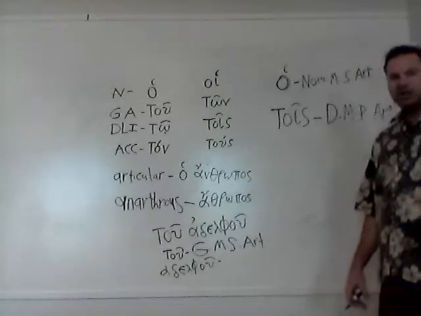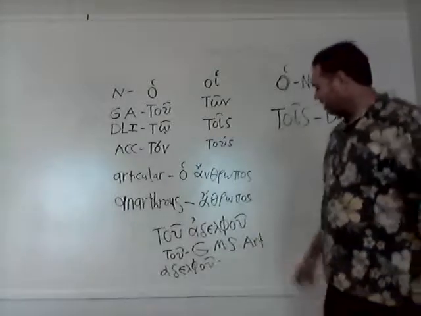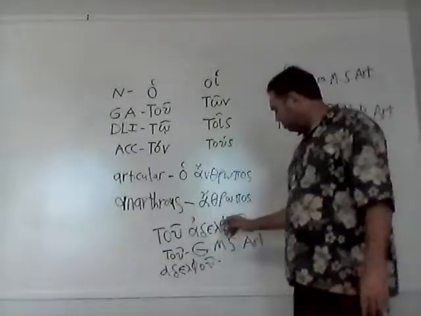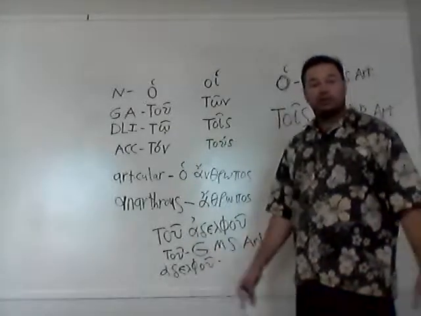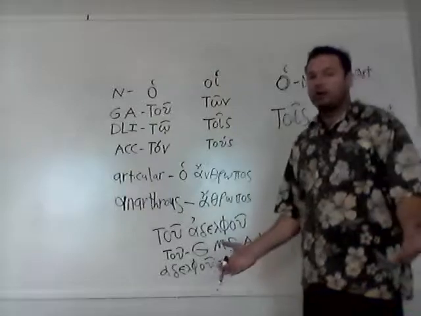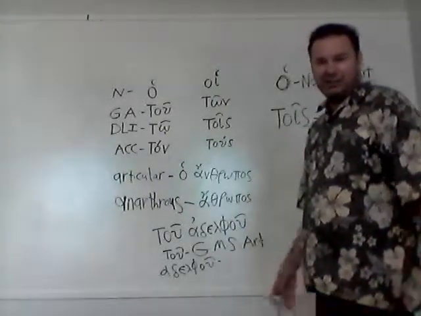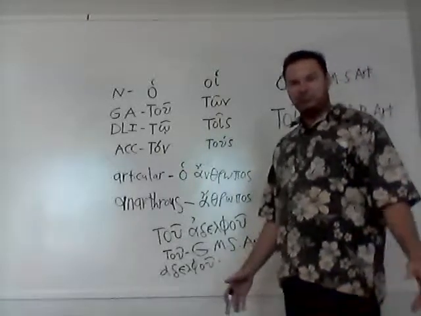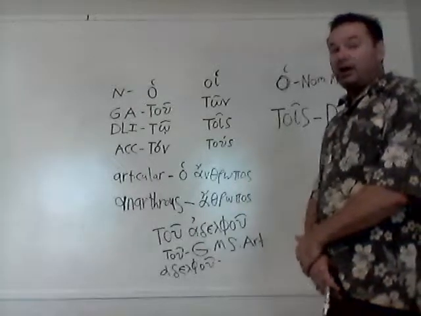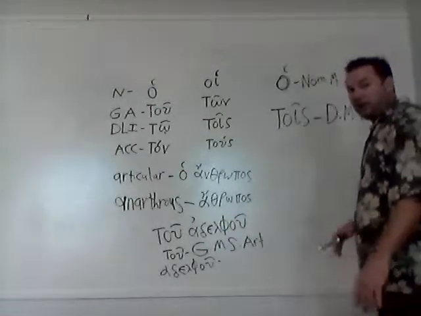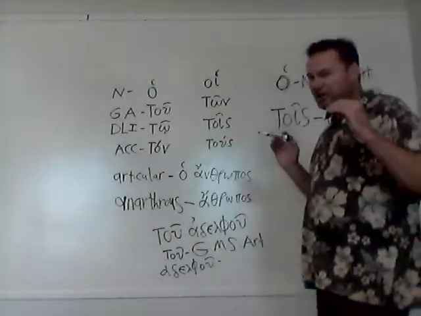Okay, now why do I say it's really helpful to understand the article at this point? Because when an article comes before a noun like this, we say that this article governs that noun. An easy way to remember that is that the article comes before the noun, the article is governing the noun. The noun may not like it, the noun may resent the taxation without representation, whatever, but the article is governing the noun. Now, because the article governs the noun, it's forced to agree with the article.